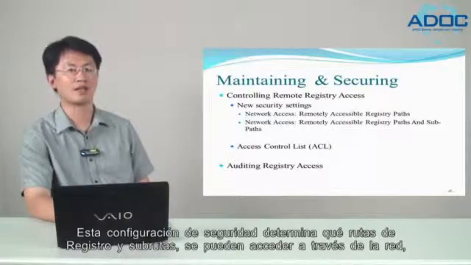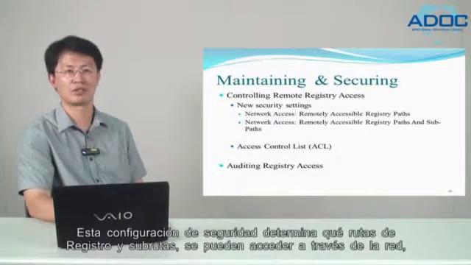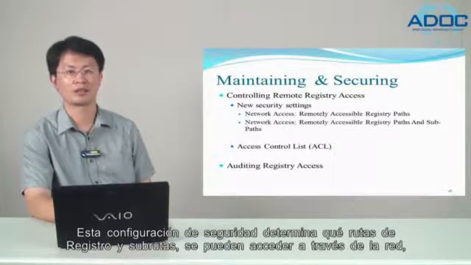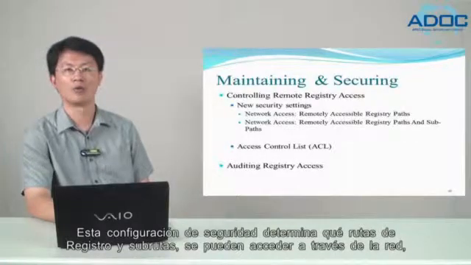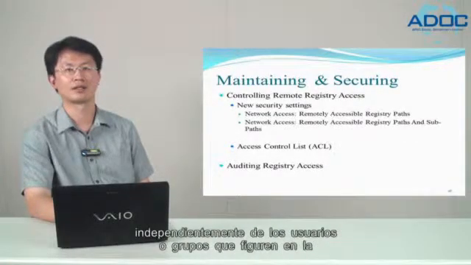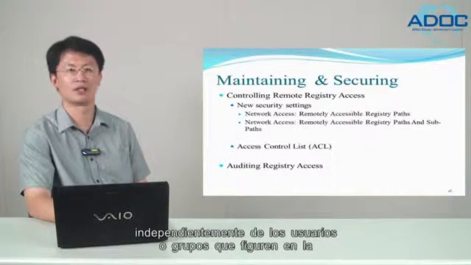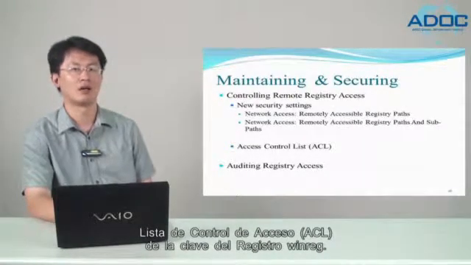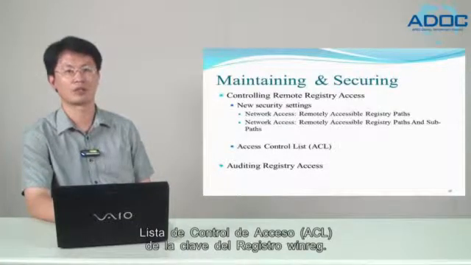These security settings determine which registry paths and subpaths can be accessed over the network, regardless of the users or groups listed in the Access Control List, ACL, of the winreg registry key.